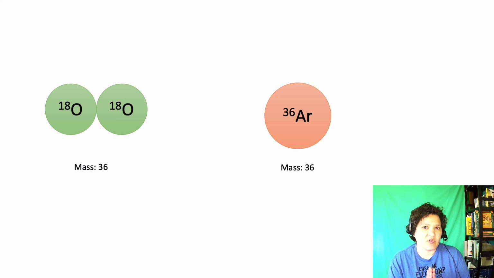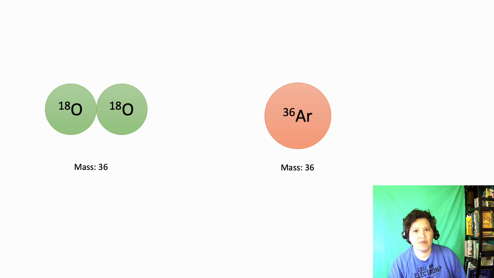As it turns out, the GC mass spec that we were using had a quadrupole mass spectrometer, and that could not distinguish between these two. We had the mass 36 oxygen 18 and the mass 36 argon, and those would come out at exactly the same time and hit the detector, and the detector would not be able to tell them apart.